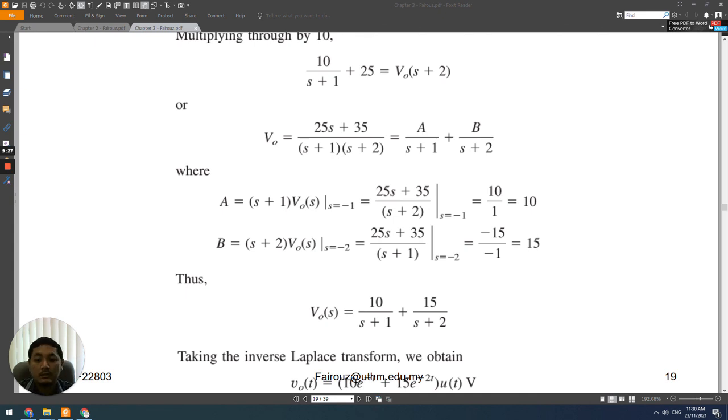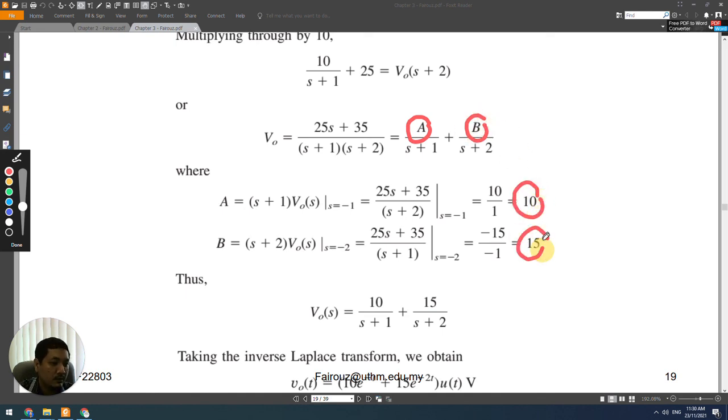Using partial fraction decomposition, we can solve for A, which is 10, and B, which is 15, and then finally we get V out equals 10 over S plus 1 plus 15 over S plus 2.